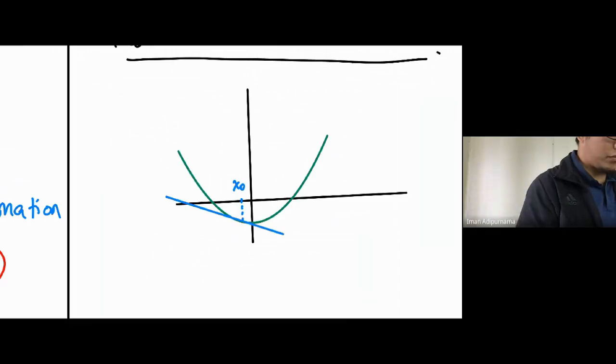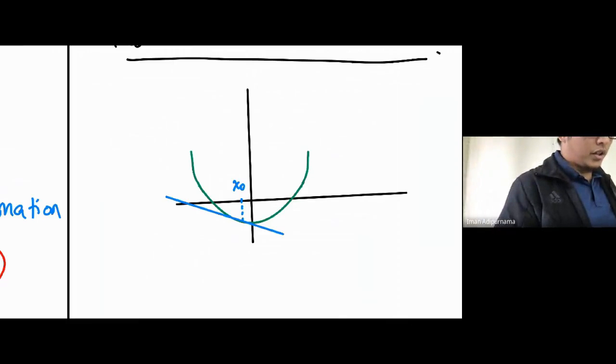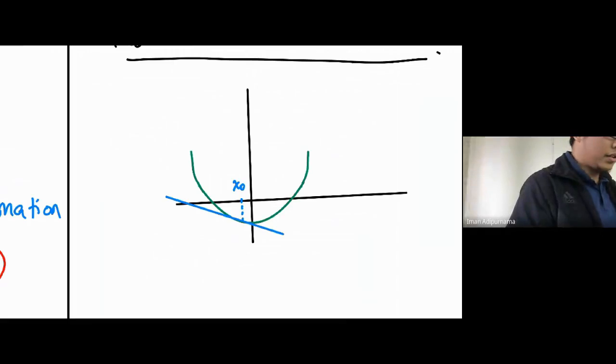I'm modifying my function. Okay, so you can see why it fails. Imagine you're choosing the wrong x0, and maybe it's too far.